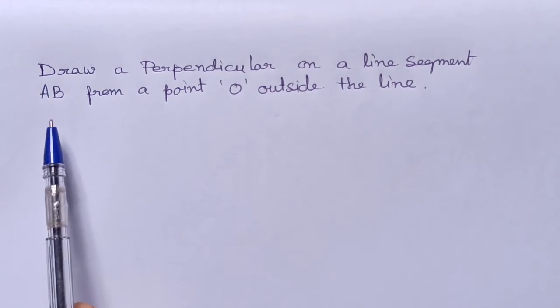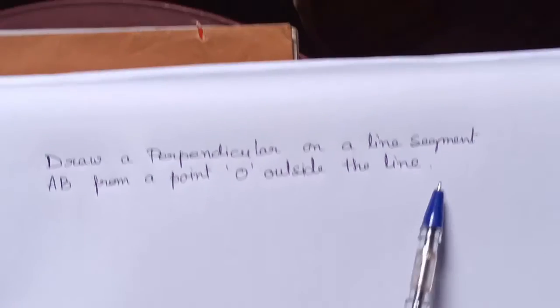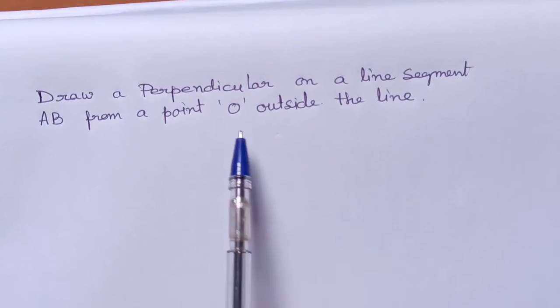The question is, draw a perpendicular on a line segment AB from a point P outside the line.